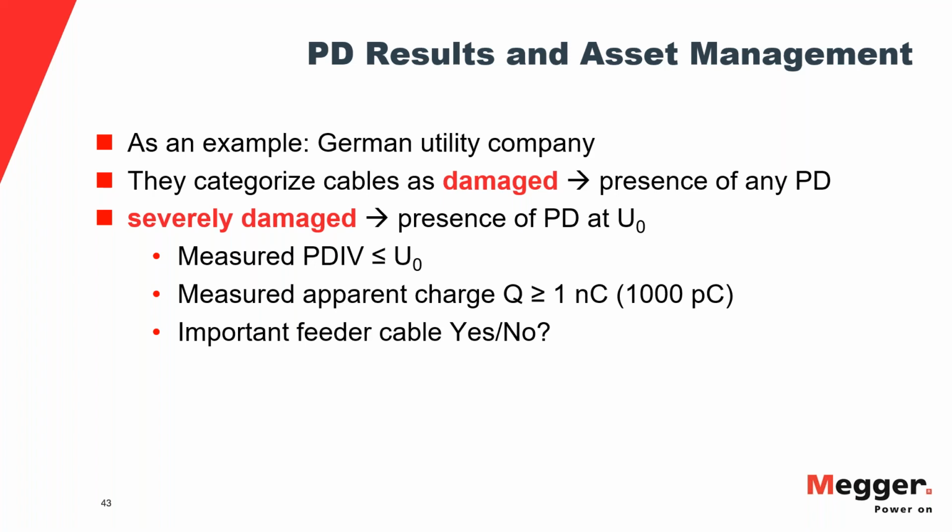So there is certain joint technology known to be very resilient to partial discharge. There's other joint technologies that are known for fairly quick flashovers or failures once you have a certain degree of intensity in the cable. So you have to take these things also into account.